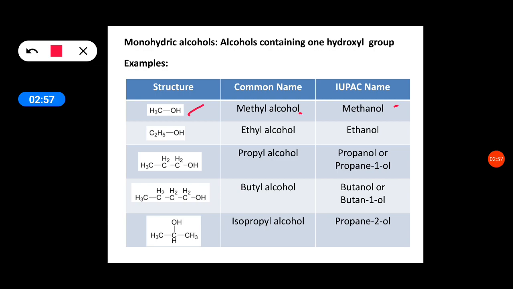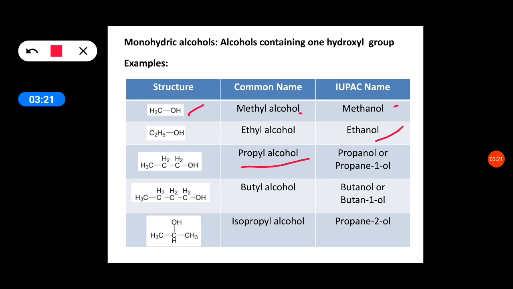C2H5OH, two carbons, ethyl group, so it is ethyl alcohol and IUPAC name is ethanol. Three carbons, CH3, CH2, CH2OH. So three carbons, propyl group, therefore it is propyl alcohol. But in the IUPAC name, three carbons, then it becomes propane.